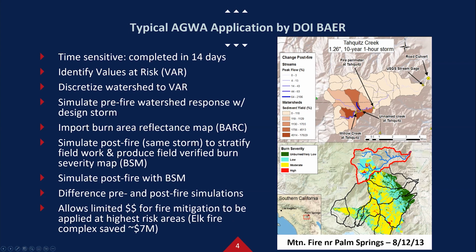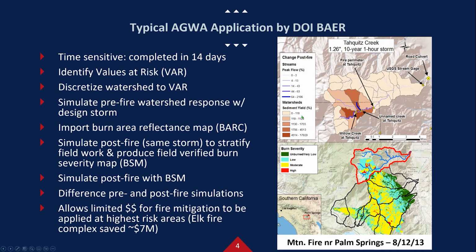So again, this is what we have and some of the changes. So this is the Mountain fire near Palm Springs in 2013. And this is the difference in both peak flows in percent and sediment yield for a color ramp. Again, the brighter blue and fatter the channels, the higher percent change.